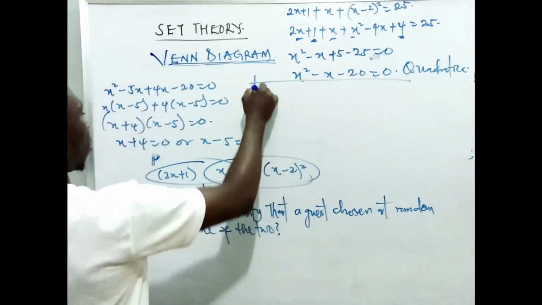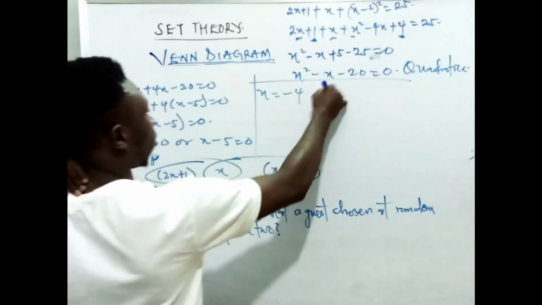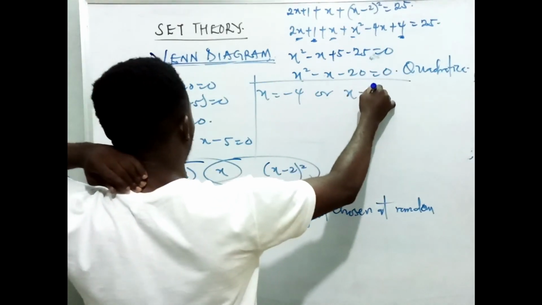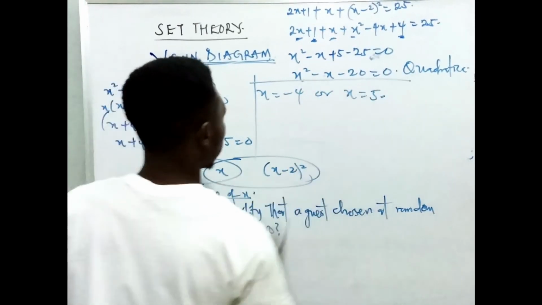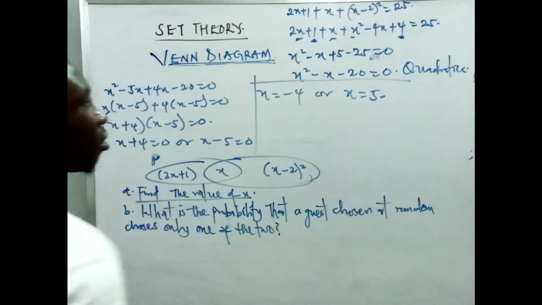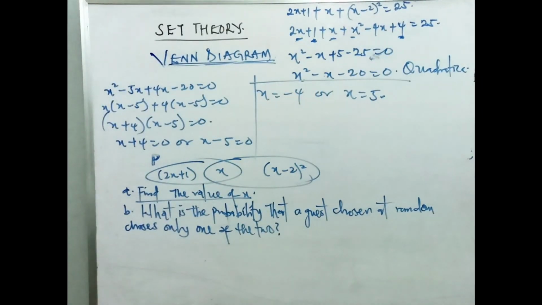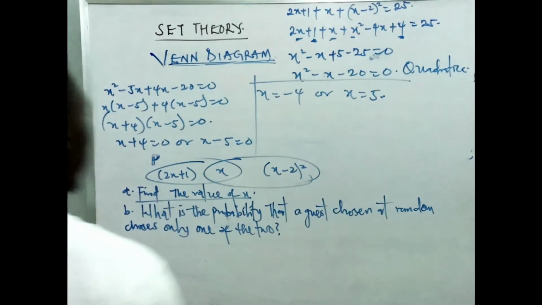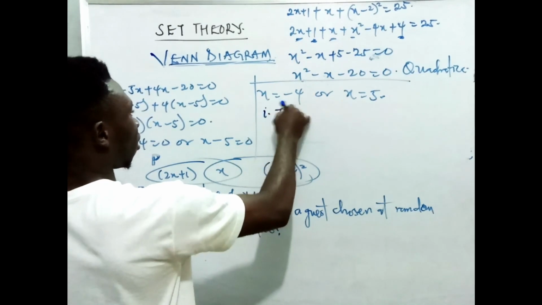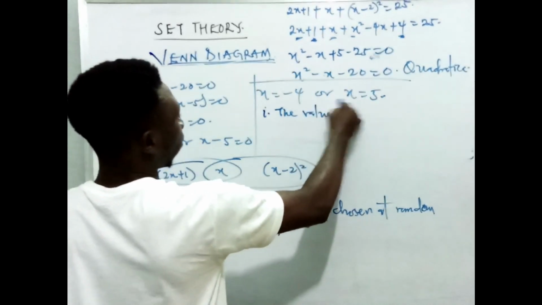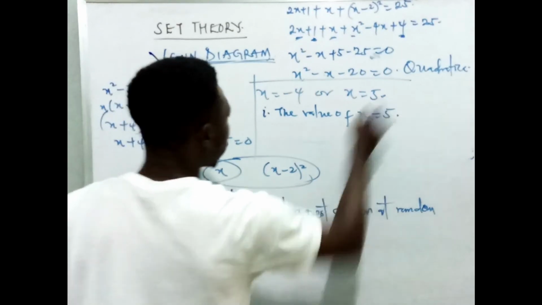So x is equal to minus 4, or x is equal to 5. Since you are having minus 4, you have to let minus 4 go because of the negative sign, and we're going to continue solving with the value of 5. So therefore, the value of x is equal to 5.